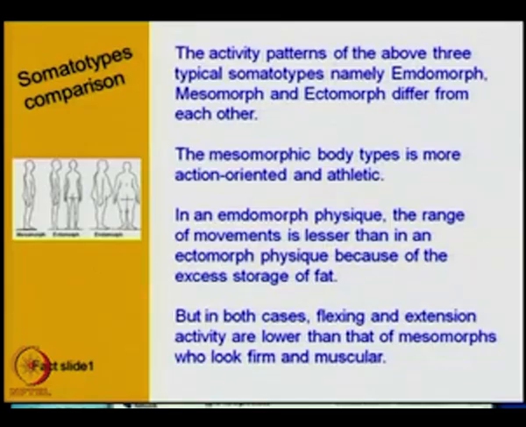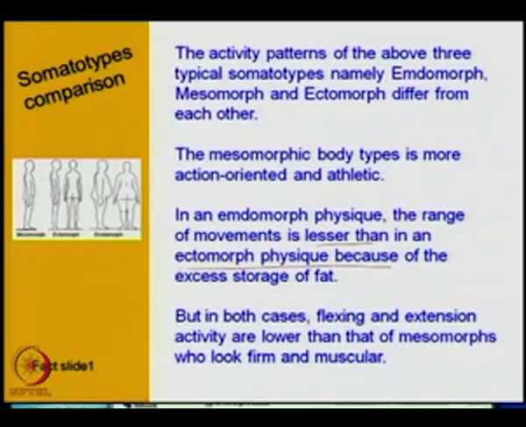The activity patterns of the above three typical somatotypes, namely endomorph, mesomorph and ectomorph, differ from each other. The mesomorphic body type is more action oriented and athletic. In an endomorph physique, meaning fatty, the range of movements is lesser than in an ectomorph physique because of the excess storage of fat.